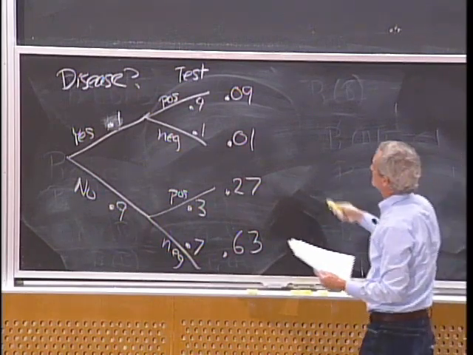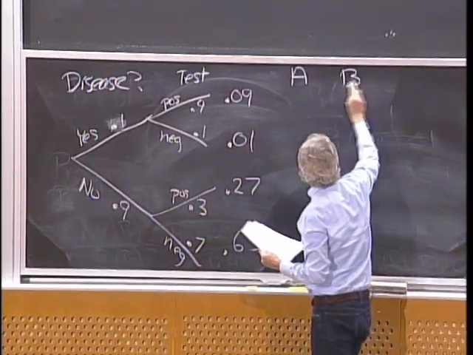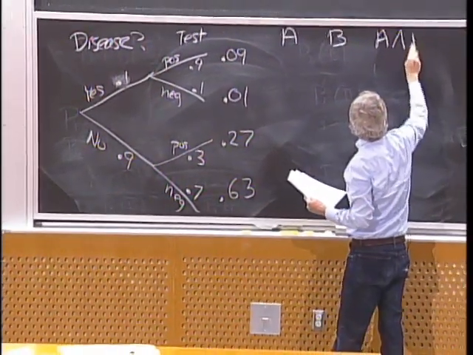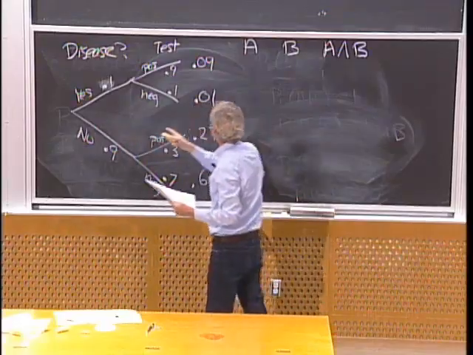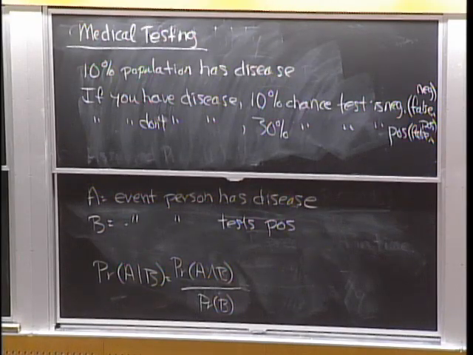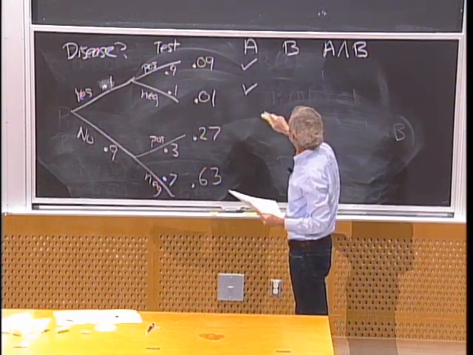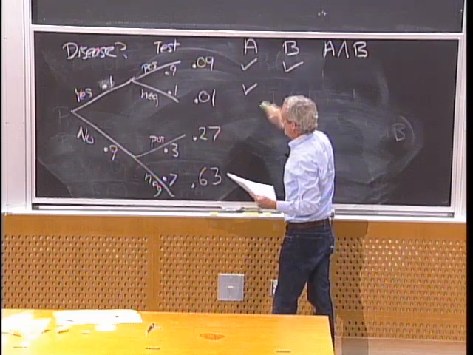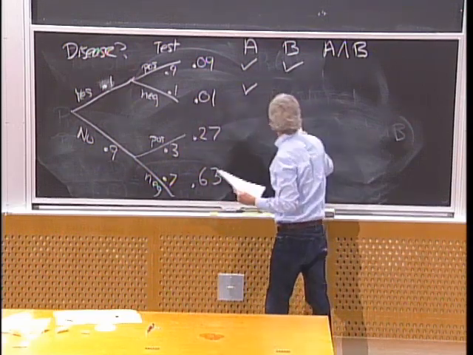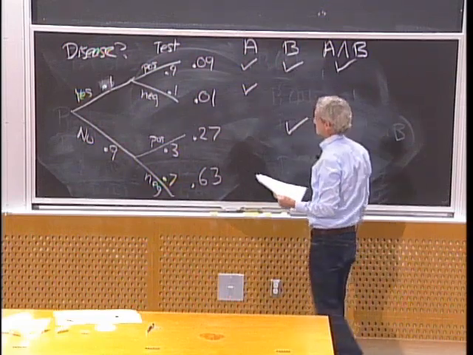Now we figure out which sample points are in which sets. So we have event A, event B, and A intersect B. A is the event you have the disease. That's these guys. B is the event you test positive. That's this one and this one. A intersect B is just this one.